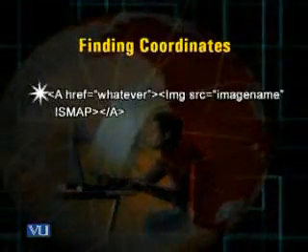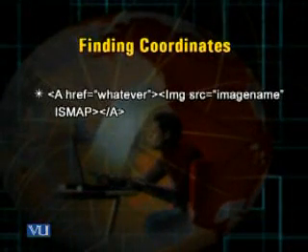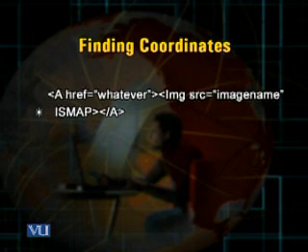of knowing these coordinates is that we set up a dummy HTML file, and we use an anchor tag in that HTML file. In the anchor tag, href equals any file name. Then I use the image tag, and I keep the source attribute value, and then I use a special attribute, ismap, and then I close the anchor tag.